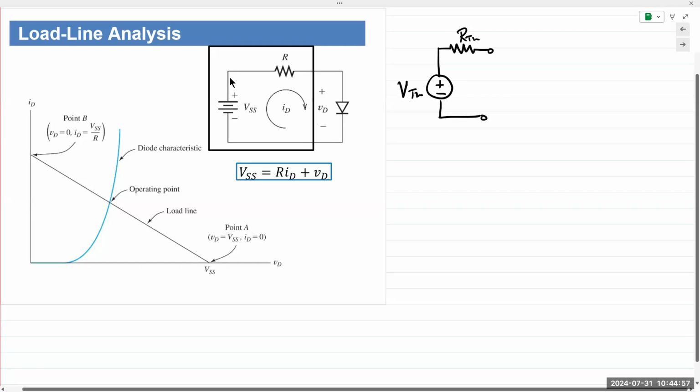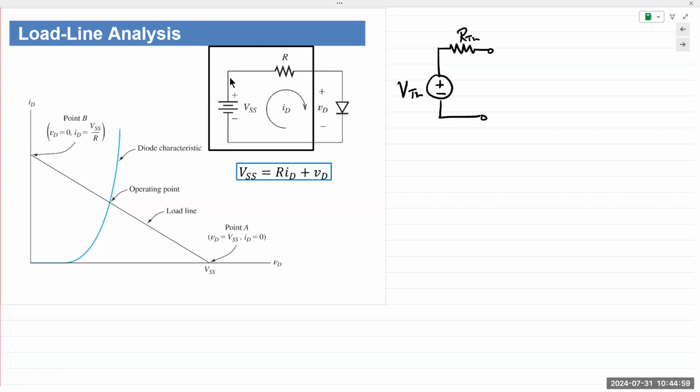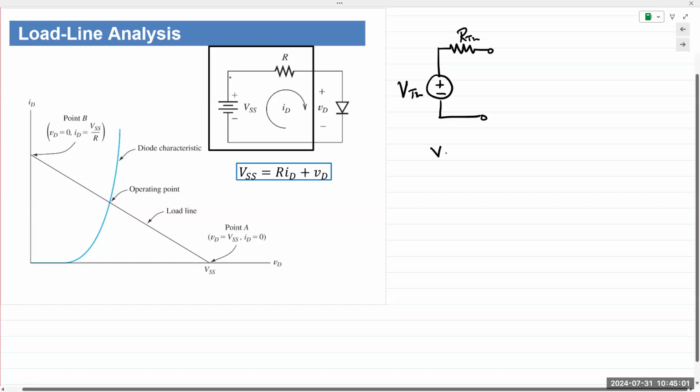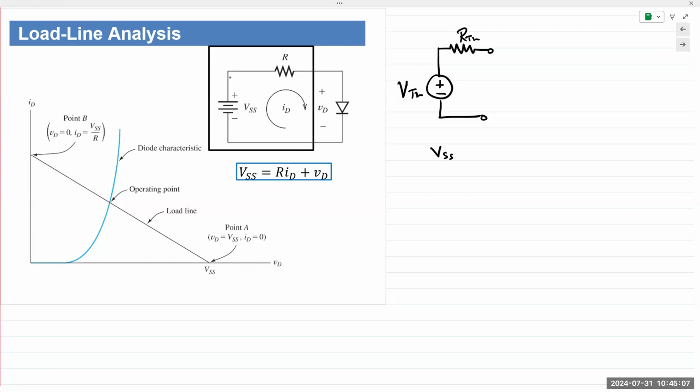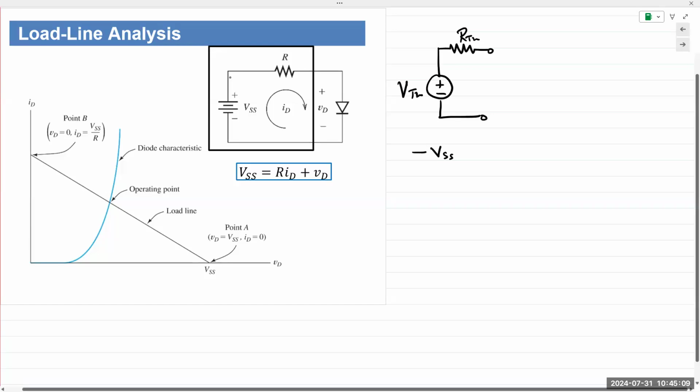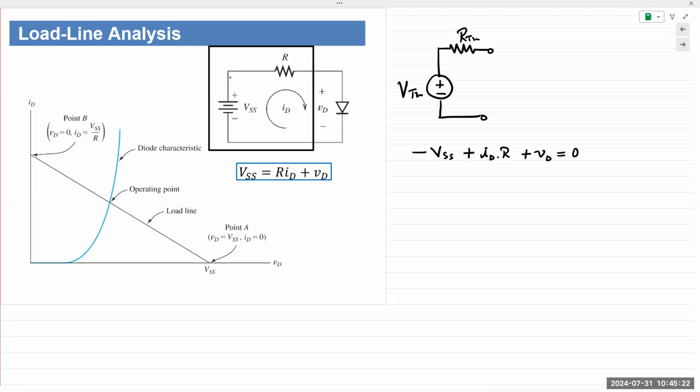So to analyze such a circuit, we apply KVL. What do we get? Voltage source VSS on one side. So this would be minus VSS plus ID times R plus VD equals 0. This is just my style of writing a KVL. You would have your own preferred method, and that is fine.